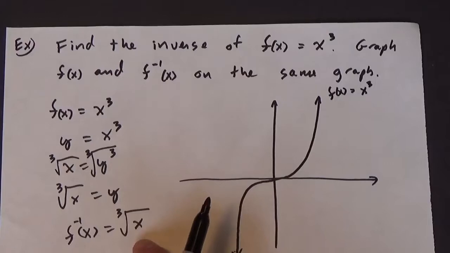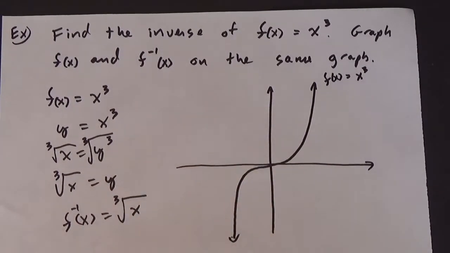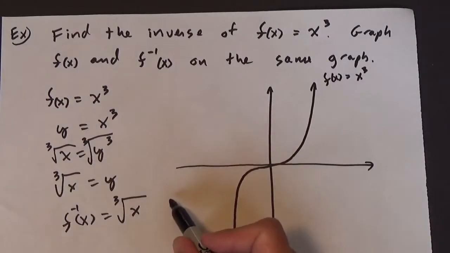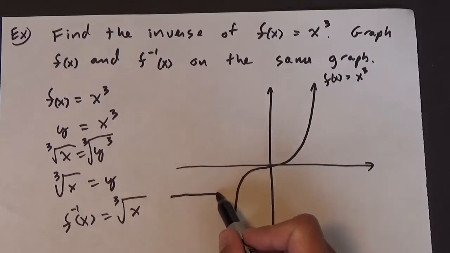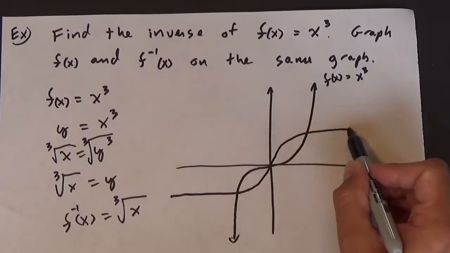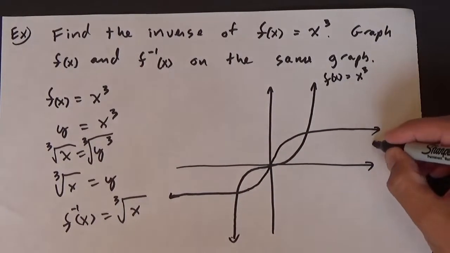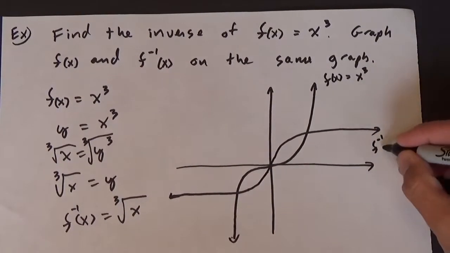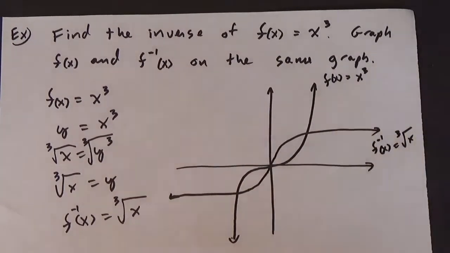Now the cube root of x, that one you might have gotten in Algebra 2, but it basically looks like this. So there's f inverse of x equals the cube root of x.